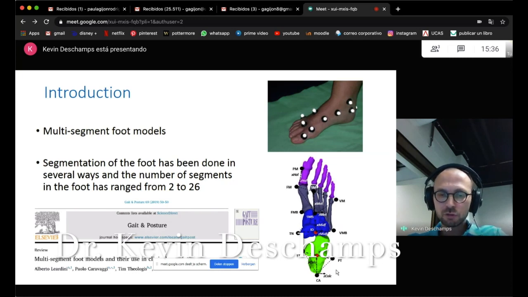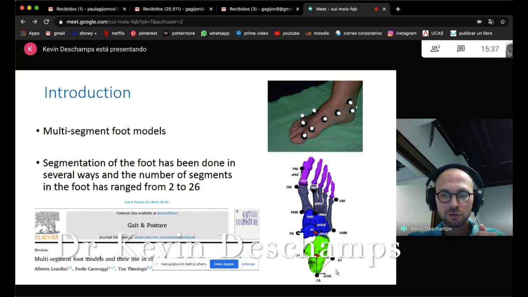There remains considerable debate over how best to group foot bones into segments, particularly in specific clinical contexts. A number of studies have illustrated that if we want to adequately assess foot motion, there are basically only 2 bony segments in the foot that can be grasped correctly, and that is the first metatarsal and the calcaneus.